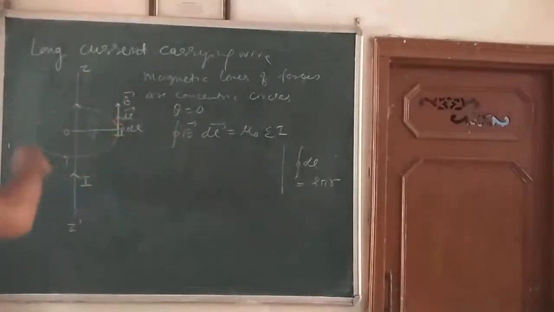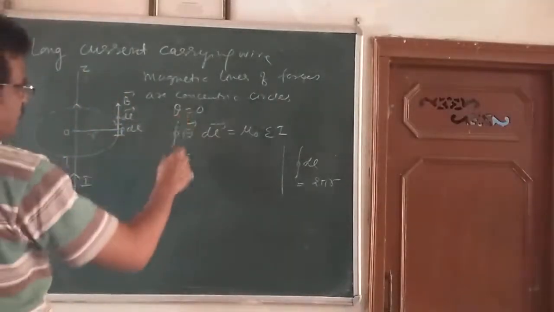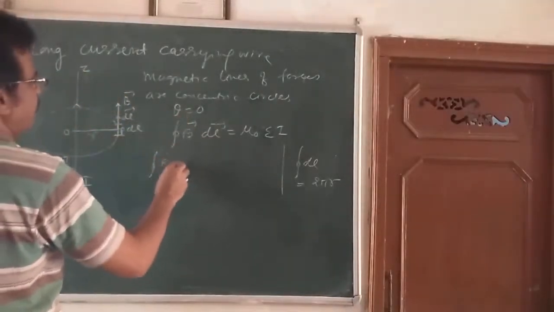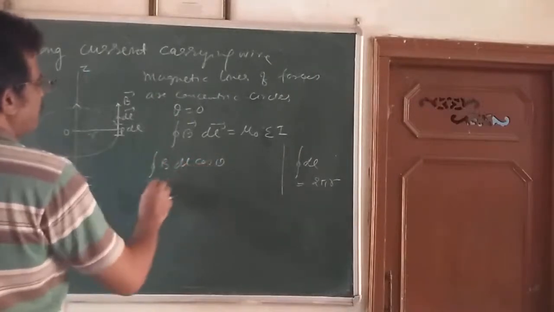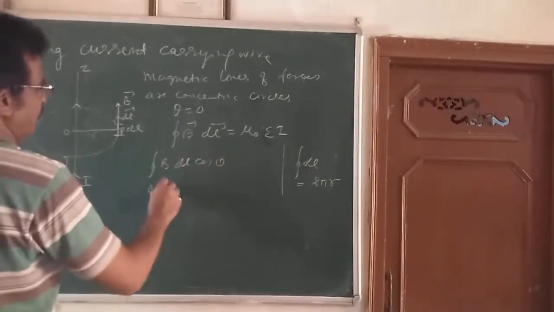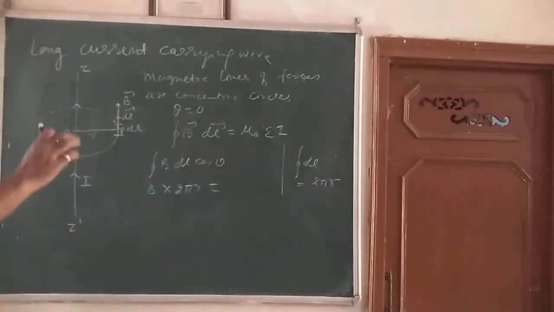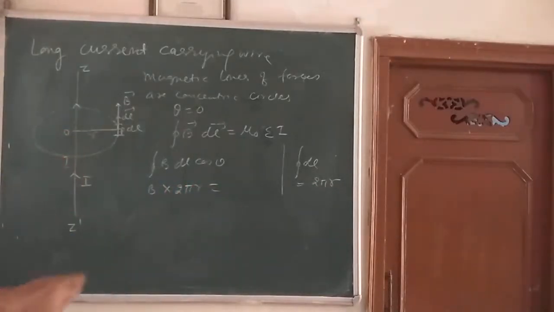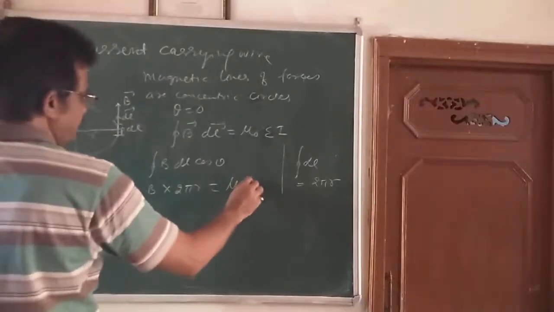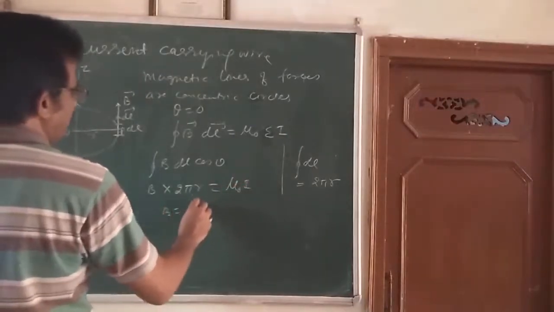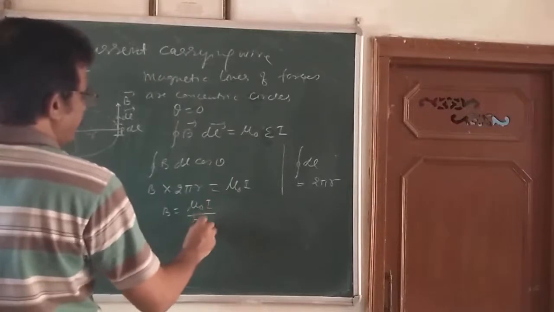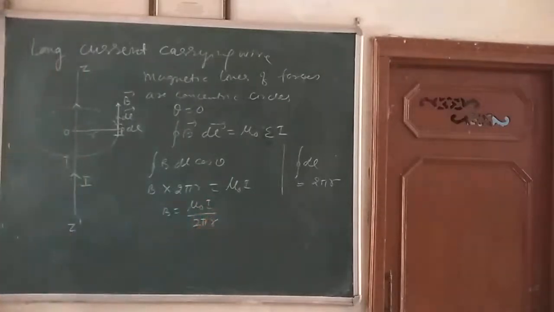B is constant and the angle is 0. The integral of B dl cos 0, B may be taken out, and the integral of dl is 2 pi r. That is equal to mu naught into I, where I is the total current. So B comes out to be mu naught I upon 2 pi r. So this is the result.